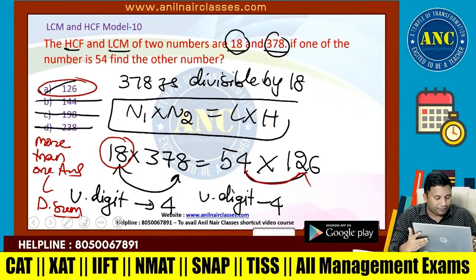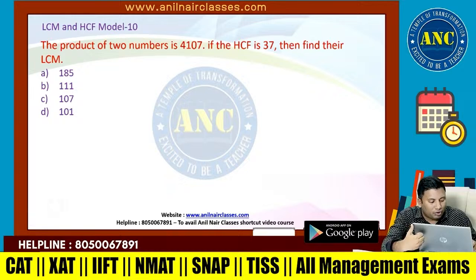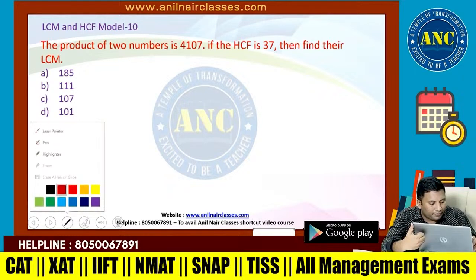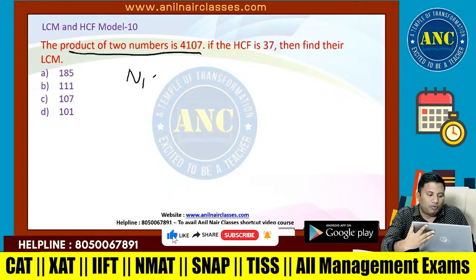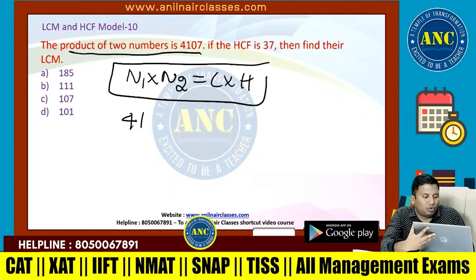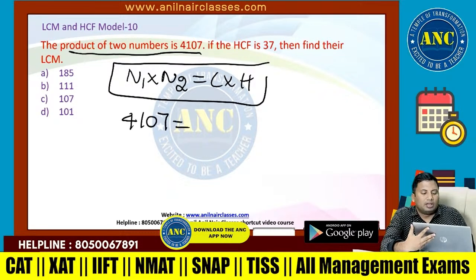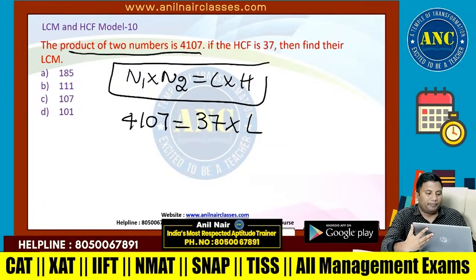Next one. Product of two natural numbers. Product of two numbers is 4107. N1 into N2 is LCM into HCF. This is 4107. HCF is 37 into LCM.